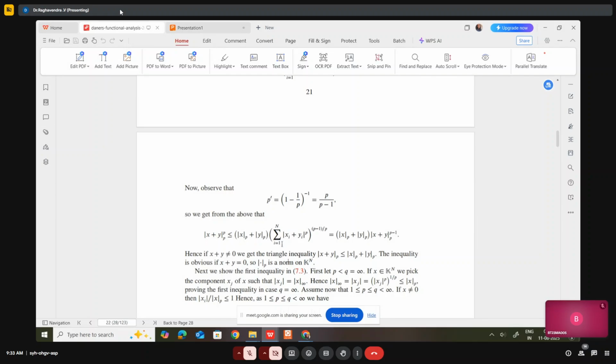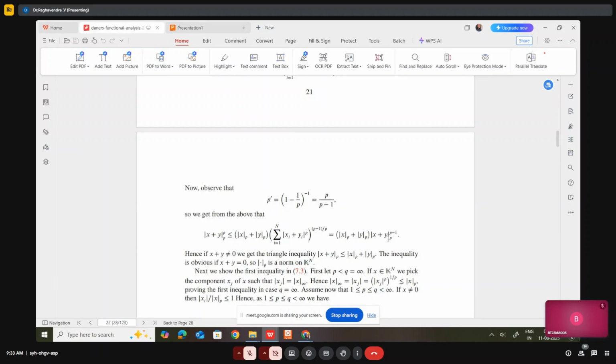You shift this to the left side. You have a p here, you have a p minus 1 here. So p minus 1 will become plus 1. So when you shift this norm of x plus y raised to p minus 1 to the left side, there's a power p already here, so the p minus 1 cancels against it and you get a 1. So I'm just saying you shift this norm of x plus y raised to p minus 1 to the left side.